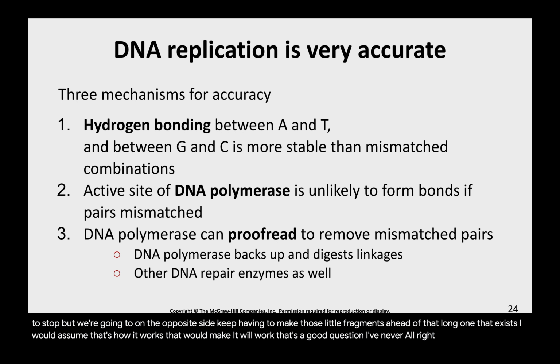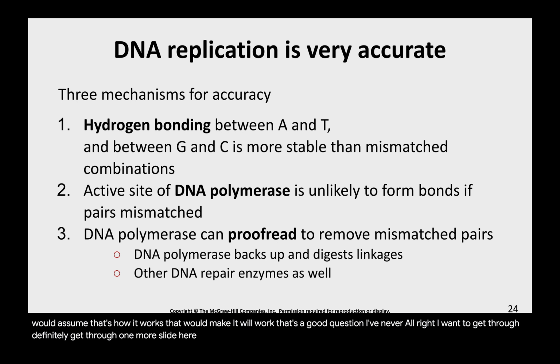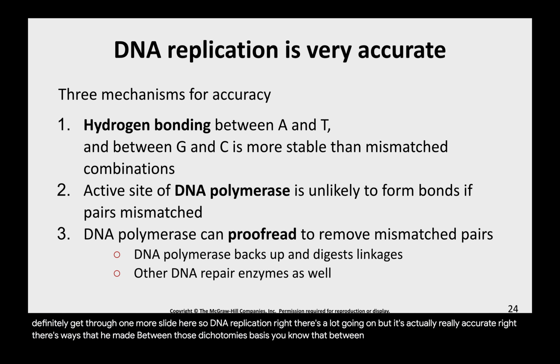All right. We can definitely get through one more slide here. So DNA replication, right? There's a lot going on, but it's actually really accurate. There are ways that DNA can make sure it's accurate. So hydrogen bonding between those nitrogenous bases, right? We know that between A and T there are only 2 hydrogen bonds, and between G and C there are 3.